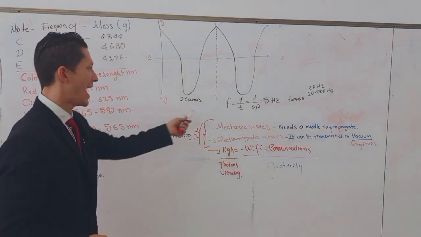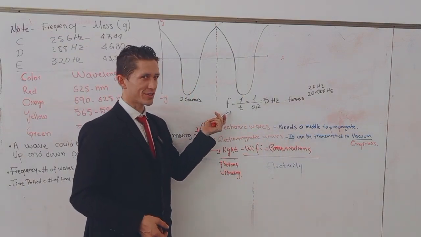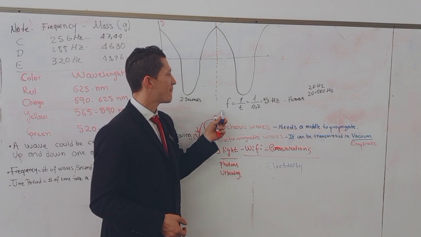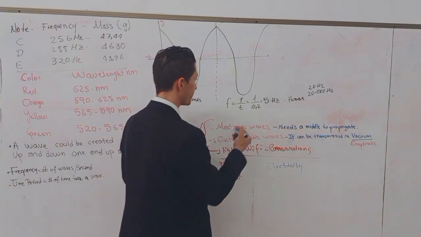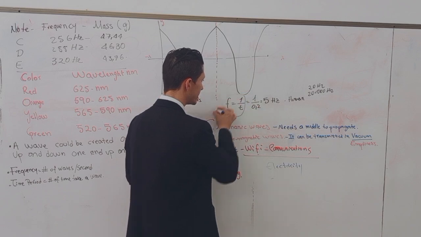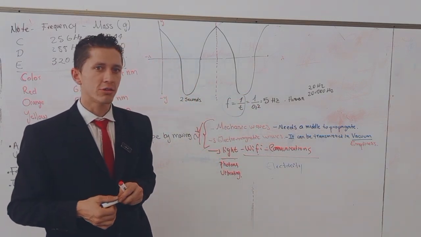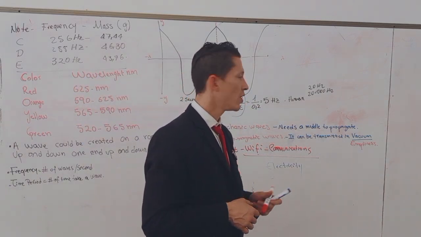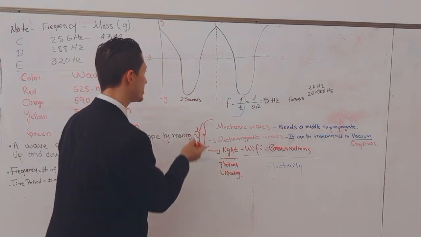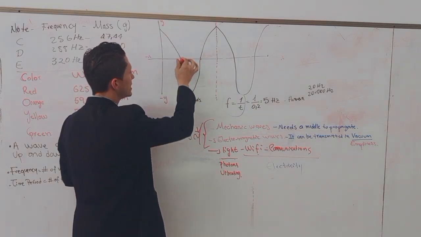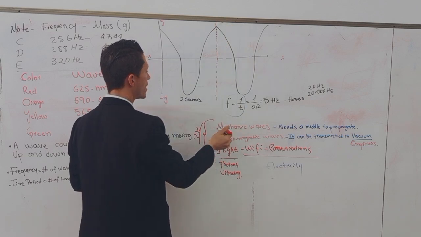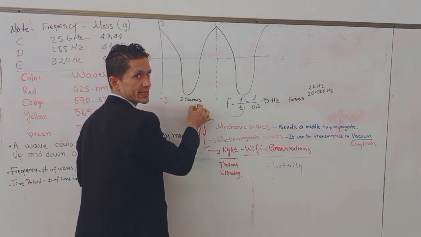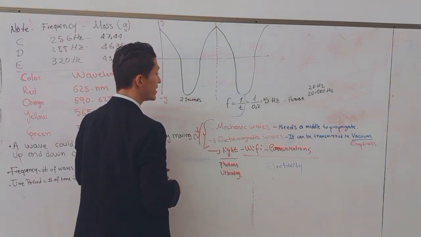A wave has frequency, and the frequency has its own specific equation: frequency equals 1 divided by time. Which time? The time that it takes this wave to start over again, 2 seconds in this case.